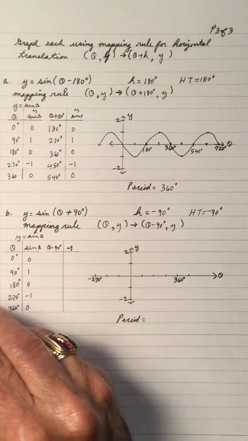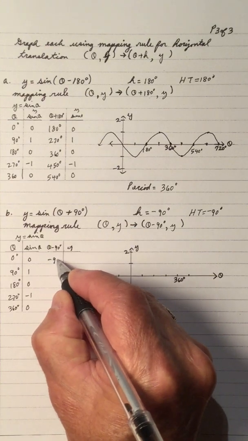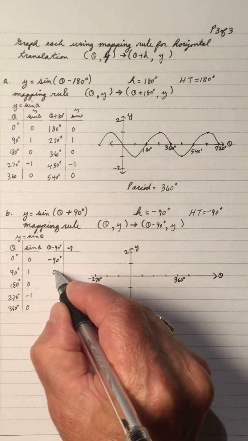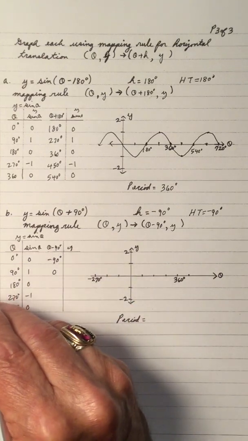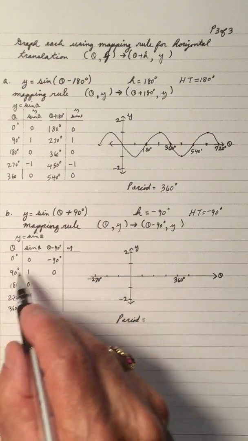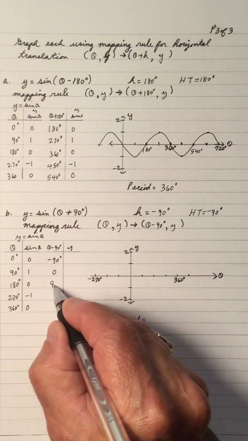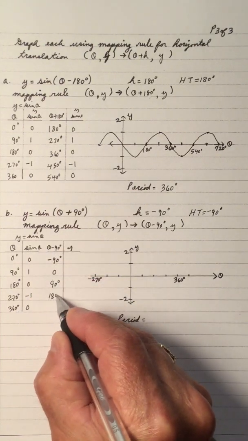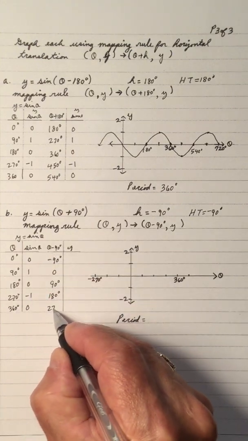So 0 minus 90 is negative 90. 90 minus 90 is 0. And sorry, 180 minus 90 is 90. 270 minus 90 is 180. And 360 minus 90 is 270.